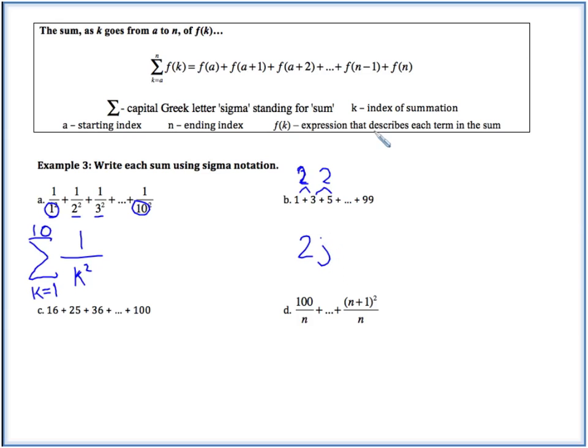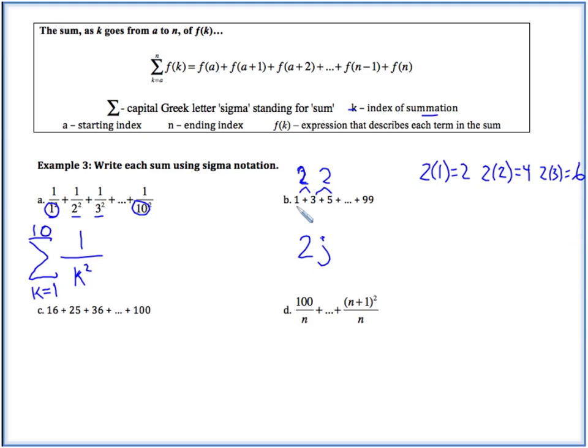Why not? Our index of summation can be pretty much any letter. We're going to let it be j. Now we have to think about how we get the function 2j to equal these values. If I did 2 times 1, that would give me 2. 2 times 2 would give me 4. 2 times 3 would give me 6.